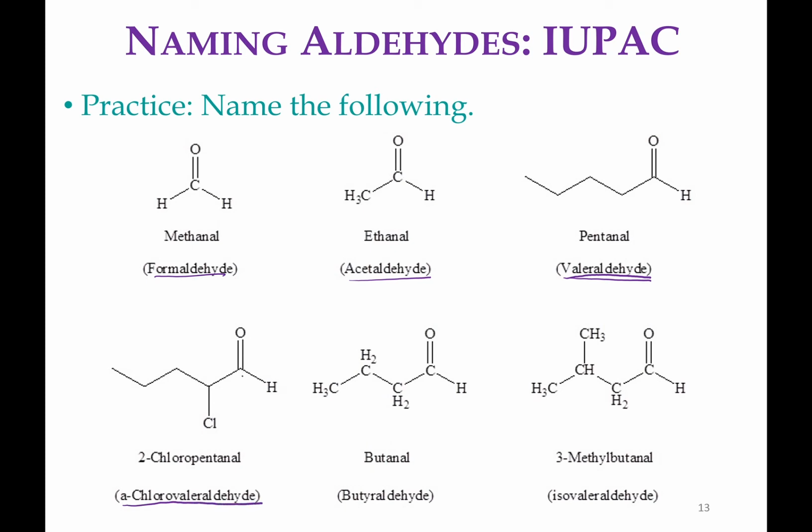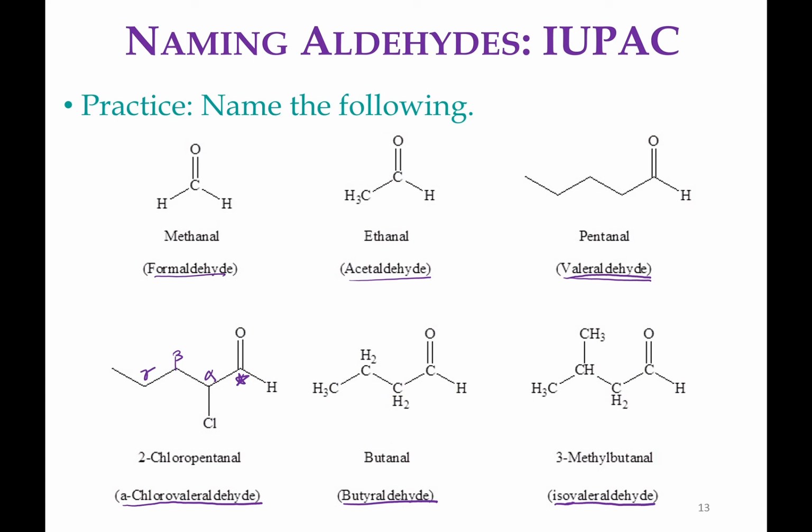So this is our carbonyl compound. This is alpha, beta, gamma. Butyraldehyde, because it comes from butyric acid. Isovaleraldehyde. These are the common names.